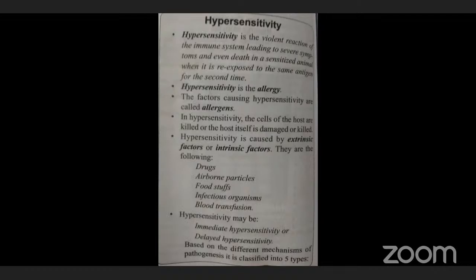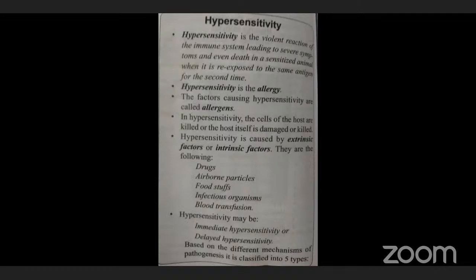For example, a drug allergy shows an immediate reaction within half an hour. Clear? Within half an hour. The reactions may manifest immediately within minutes or in a delayed state after 24 to 48 hours.